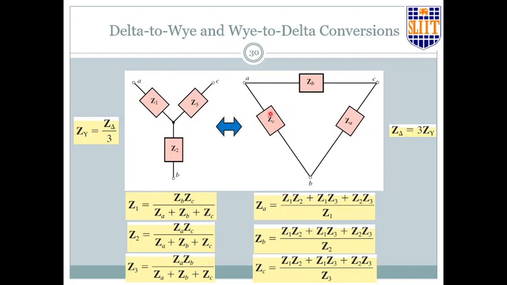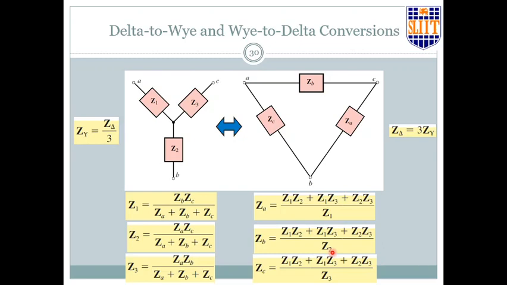ZC is calculated in the same way: Z1 Z2 plus Z2 Z3 plus Z3 Z1, divided by the impedance connected to the opposite node, that is Z3. So that is how these things go.